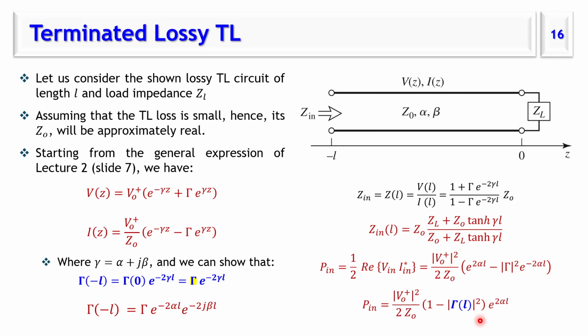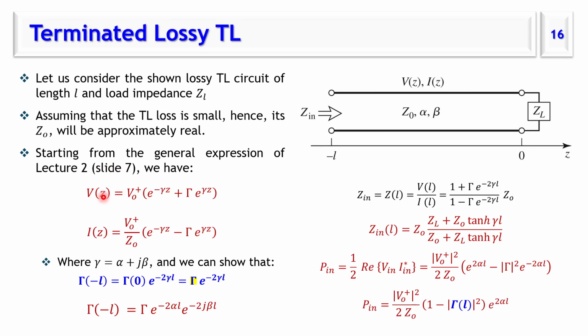In this perturbation method, as I just said, we assume that Z0 is real, and we solve the problem the same way that we solve it for a lossless transmission line. The only difference is that instead of using j beta, we use alpha plus j beta.